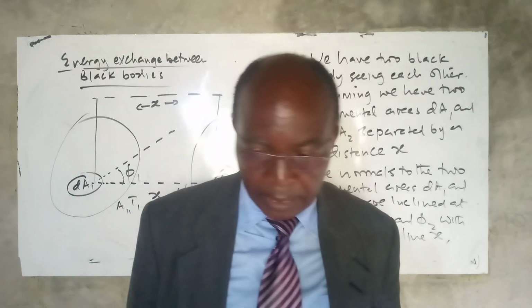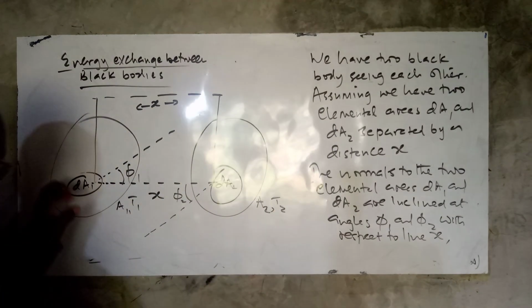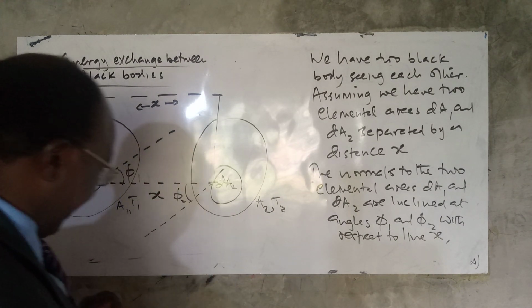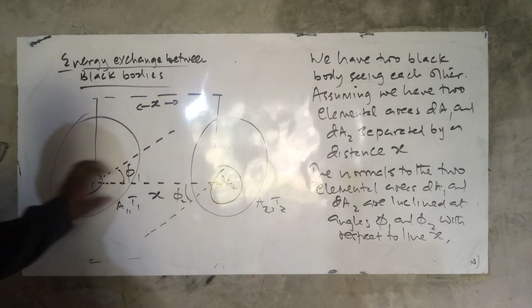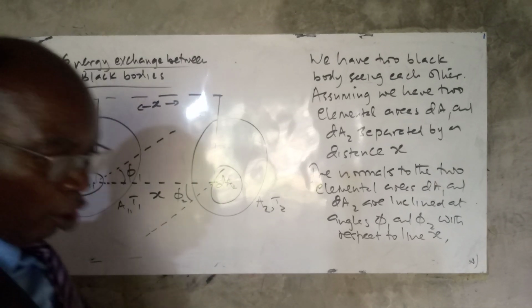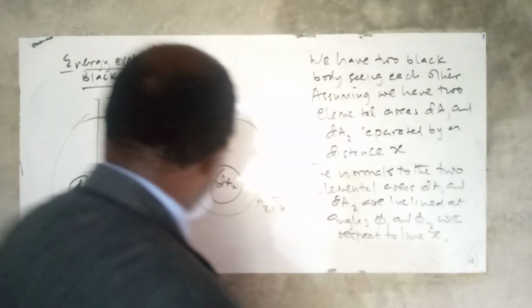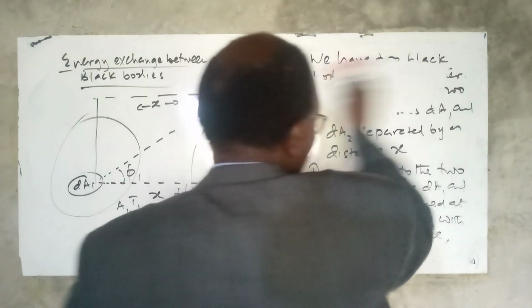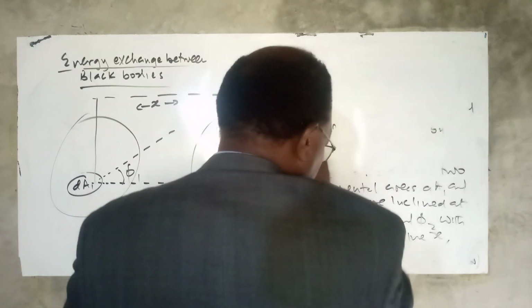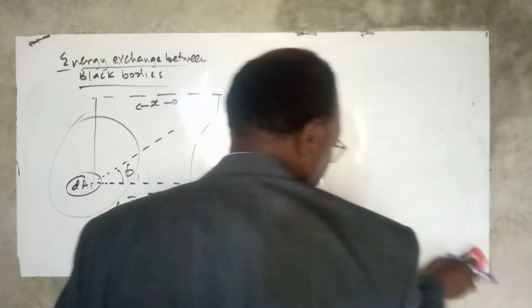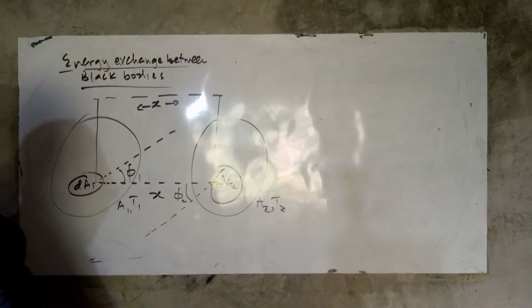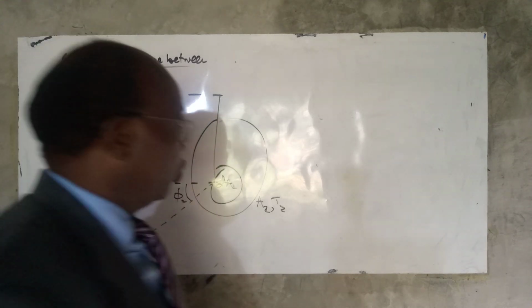Now, the elemental area dA2 subtends a solid angle d omega 2 at dA1. Let's just take note of that. And you already know when we are talking about angle subtended, you have worked with that in the other lectures, and so you know what it is.